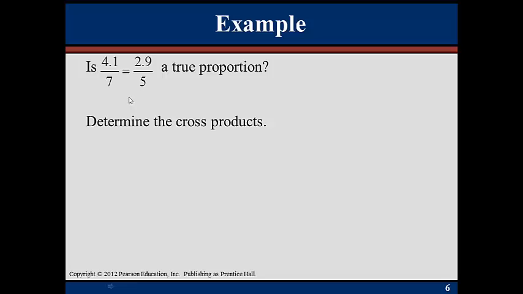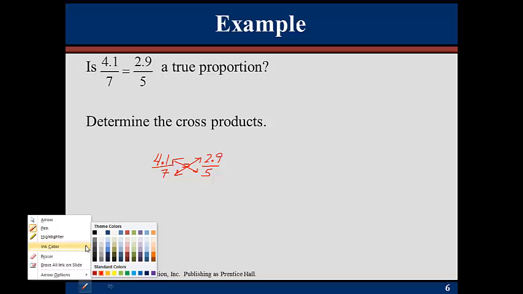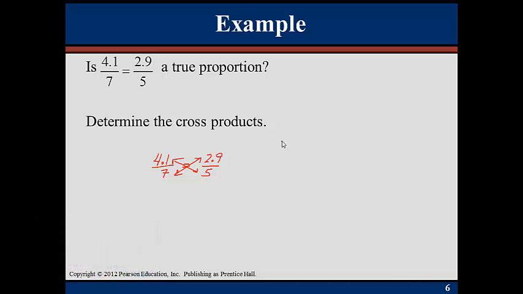So here's an example. Is the following proportion true? What we're going to do is our cross multiplication. So we have 4.1 over 7 equals 2.9 over 5. We're going to cross multiply. So we have 4.1 times 5, and then we're going to do 2.9 times 7.